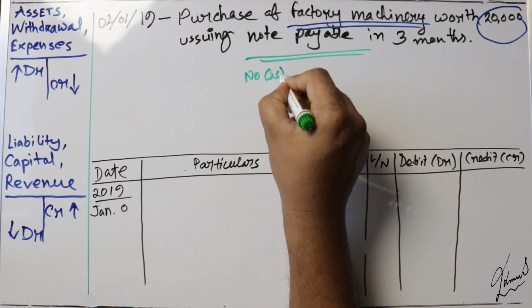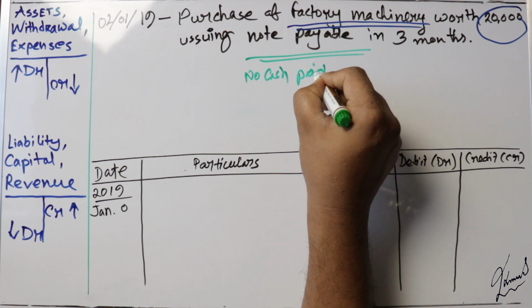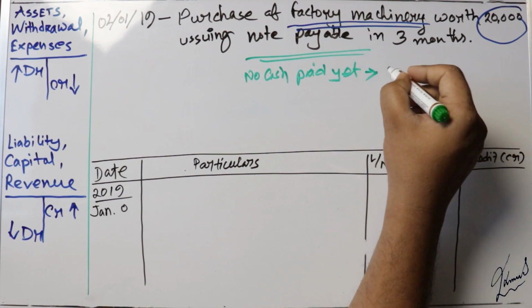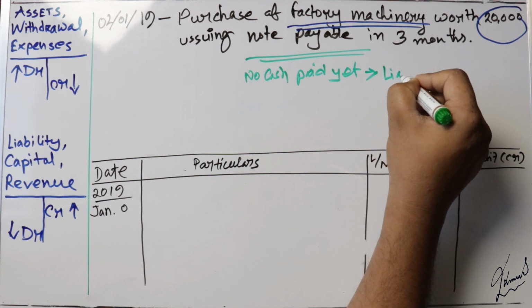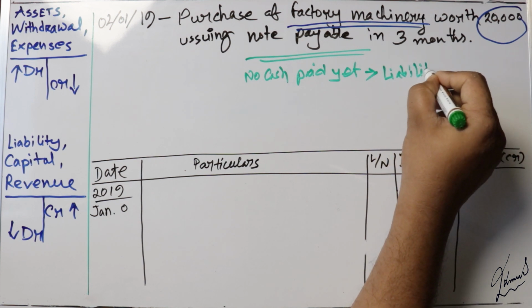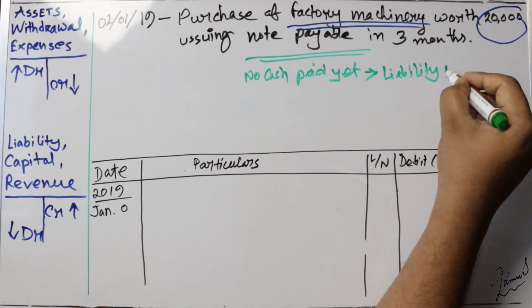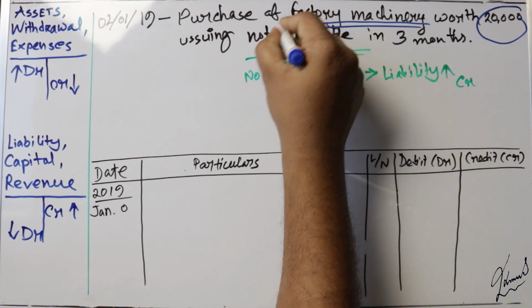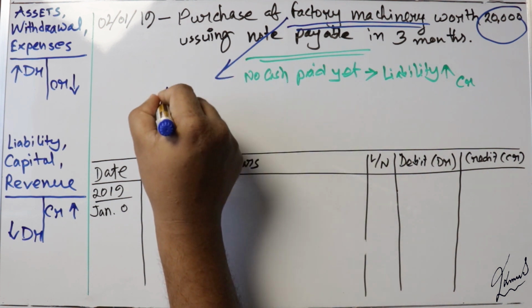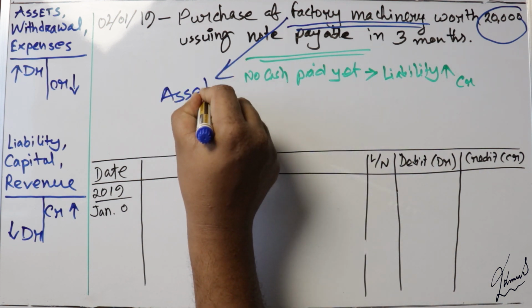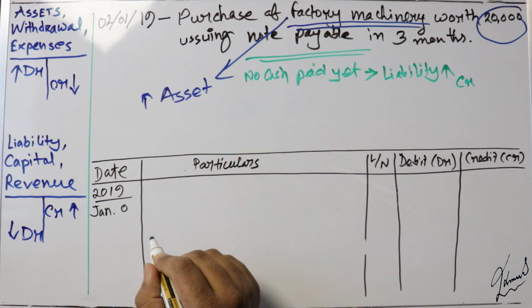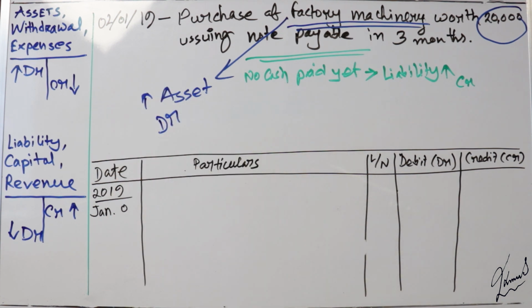For the machinery that has been purchased, we will pay at a later time. So we have created a liability because we are not paying right now, and a liability when increased is credit. And at the same time, since factory machinery, which is an asset, has increased, and when assets are increased they are debit, here also we have found both the debit and credit accounts.